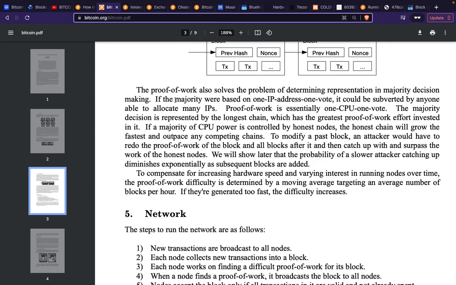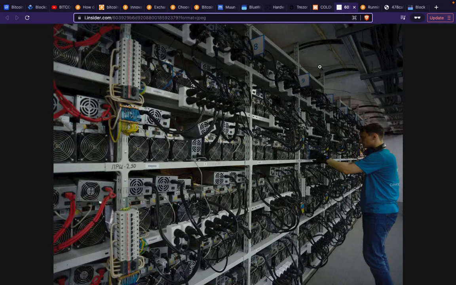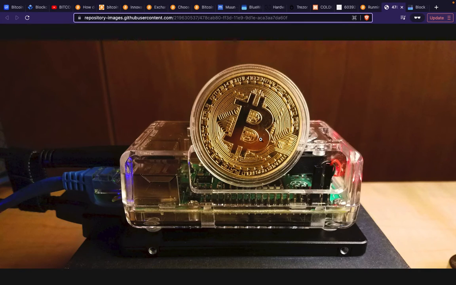It's more like you are a self-sovereign individual, right? You run your own node. It's you against the world. It doesn't matter whatever everyone says. You run your own node.